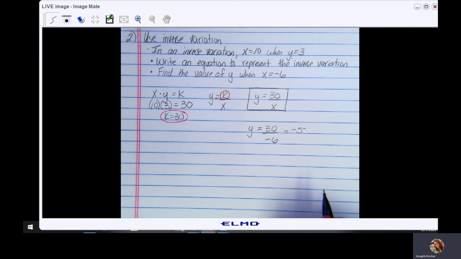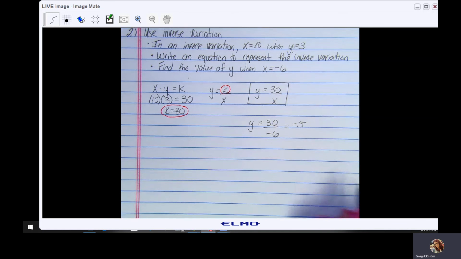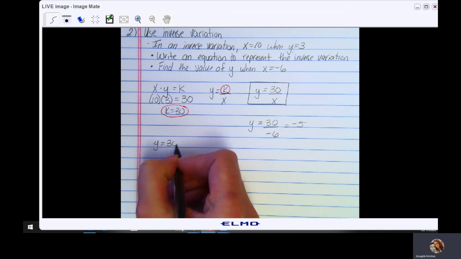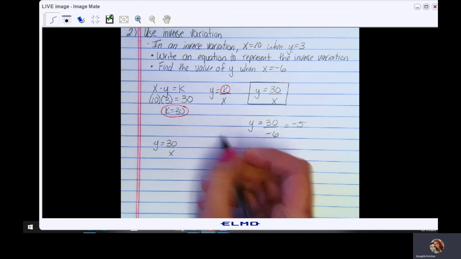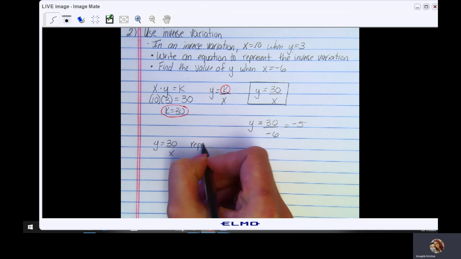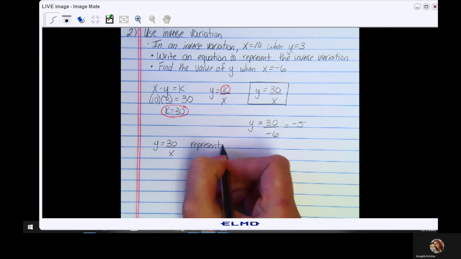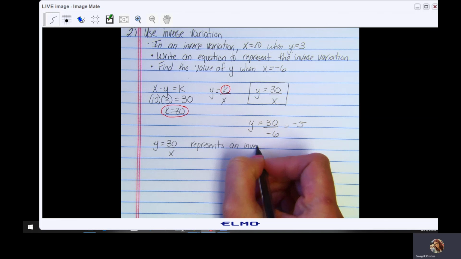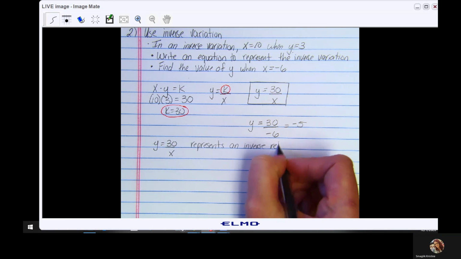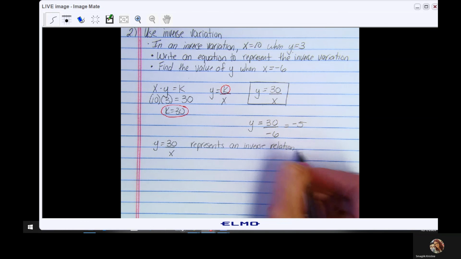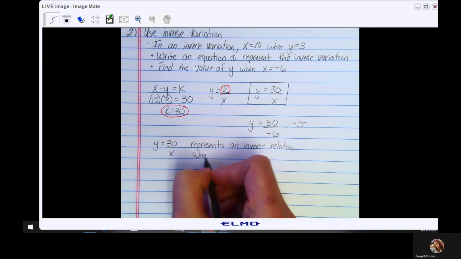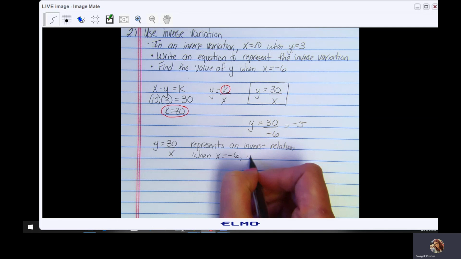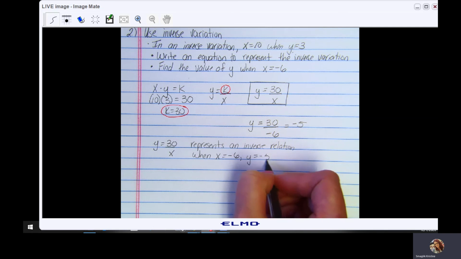So we can say y equals 30 over x represents an inverse relation, and when x equals -6, y equals -5.